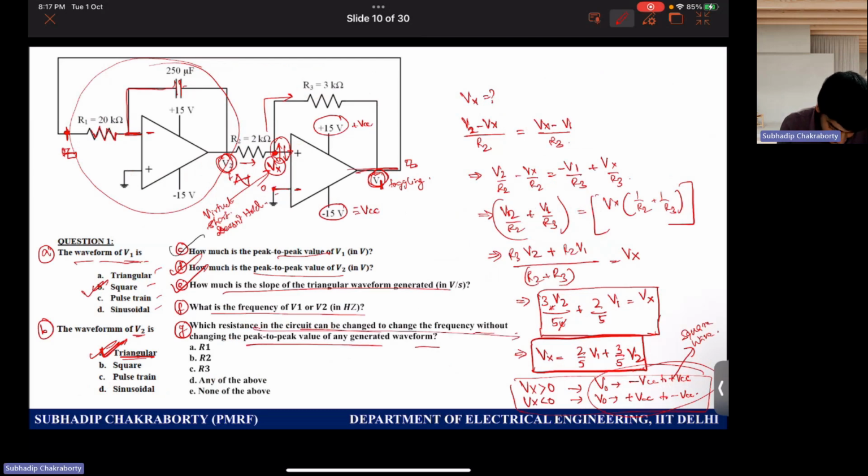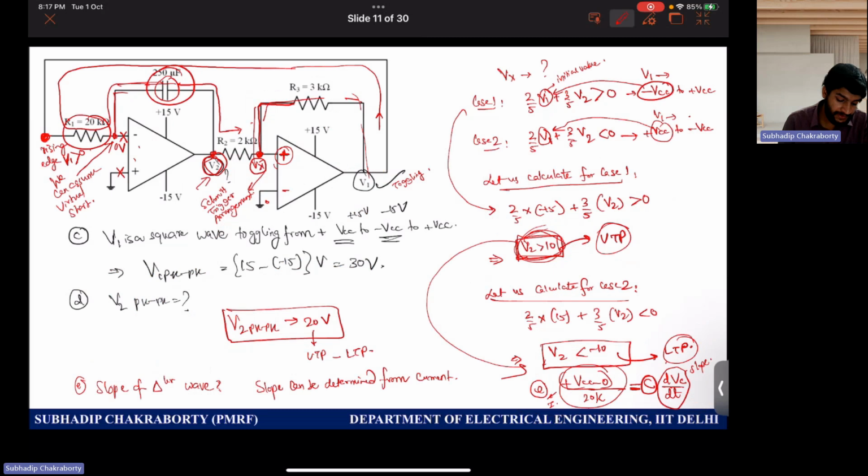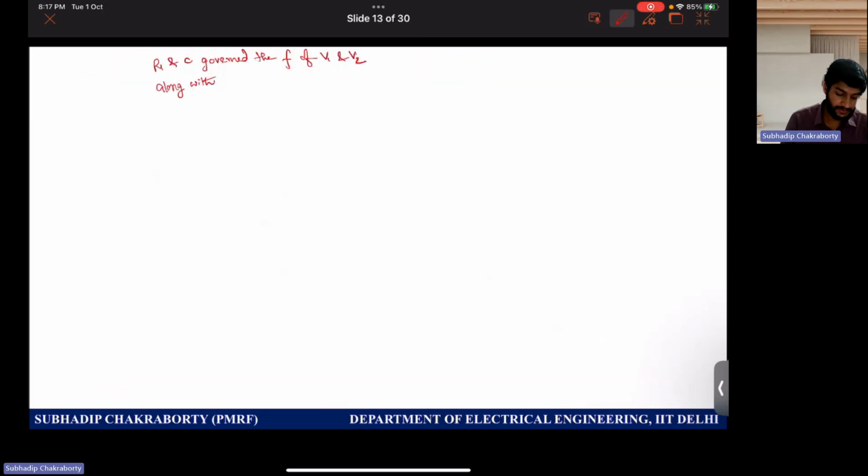Which resistance in the circuit can be changed to change the frequency without changing the peak to peak value of any of the generated waveform? So peak to peak value, if you see, all the peak to peak values, they are not dependent on any resistance values, right? V2 peak to peak is dependent on resistance value, right? V1 peak to peak is not dependent.